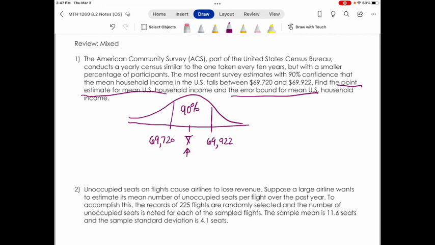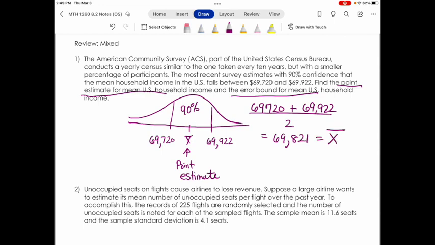And if we want to find our point estimate, we need to find our midpoint. So we're going to take 69,720 and add it to 69,922 and divide by 2 so we can find the midpoint. When we do that, we're going to get 69,821. So that's going to be our x bar, or our point estimate.